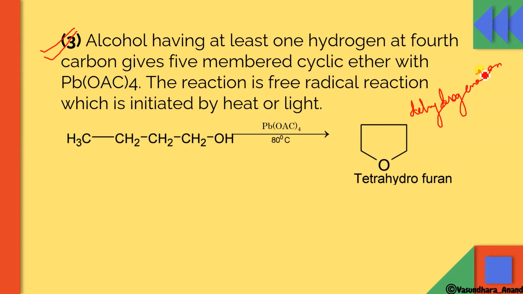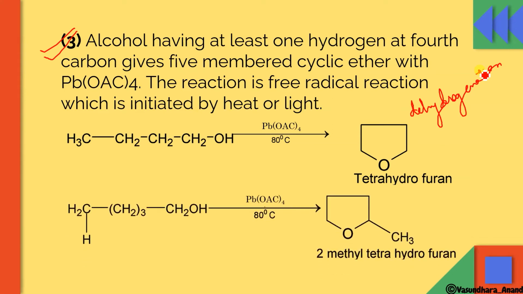Similarly, if more than 4 carbon will be there, we have to consider the 4th carbon only. In this case, this is 1, and here 3, 4 and this is 5th. Sorry, we will not consider this. Can I write like this? This is 2 and here it is CH3. Yes.